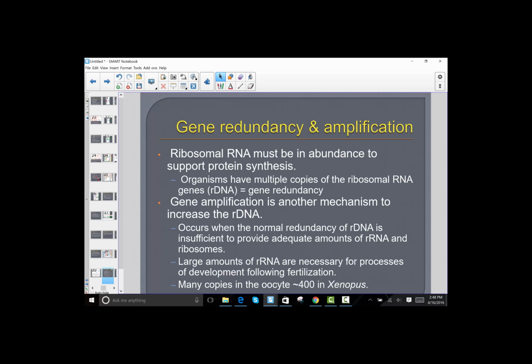So this gives you lots of transcripts that are necessary for development following fertilization or for other processes.